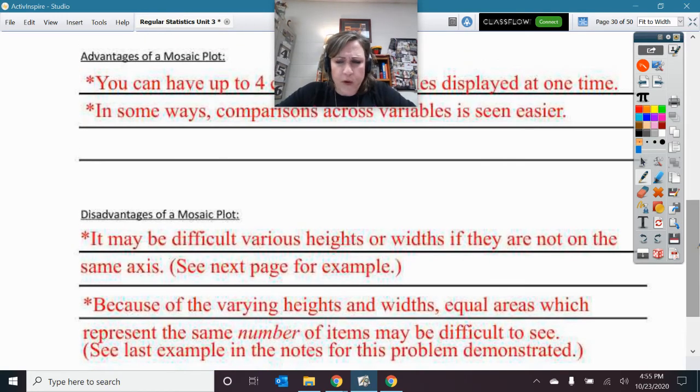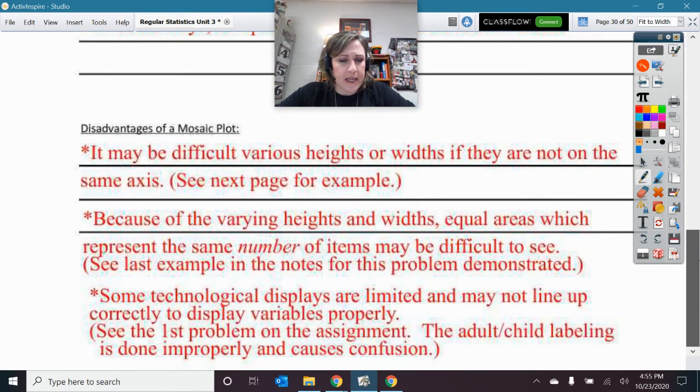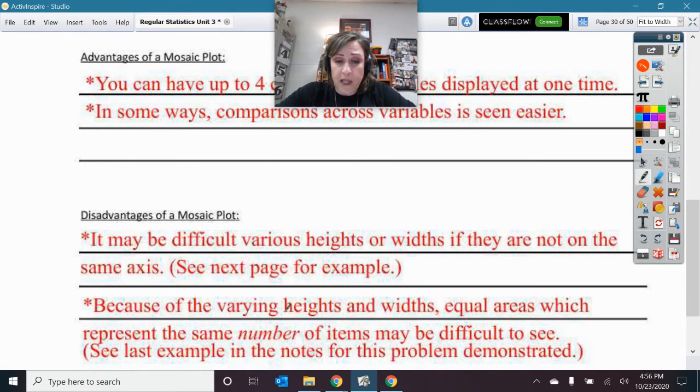Also, because of the varying heights and widths, the equal areas are hard to compare. I'll come back to this as the last example that we're going to get.